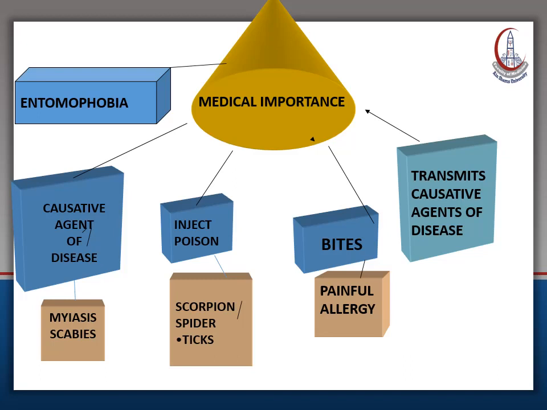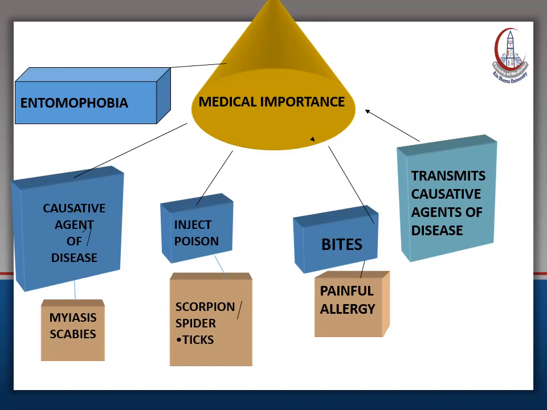They may themselves cause disease. They inflict damage to man, like for example myiasis and scabies. Myiasis is a condition caused by the larvae of flies which are laid on human skin, either intact or diseased, or they may crawl through body openings and cause tissue damage.